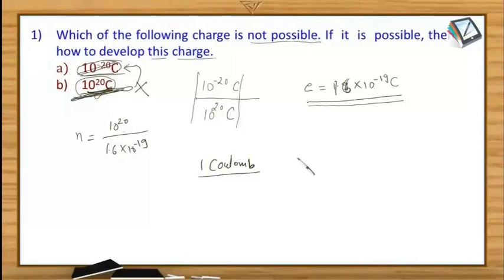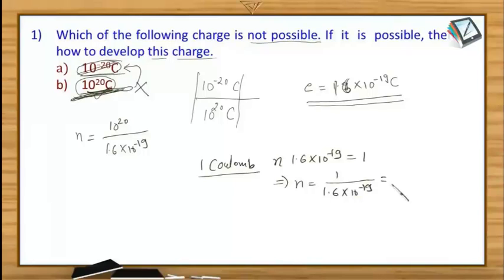As we know that electronic charge is 1.6 into 10 raised to the power minus 19, and suppose n number of electrons are needed to be removed to generate this 1 coulomb, then number of electrons will be 1 upon 1.6 into 10 raised to the power minus 19. So just calculate this value.